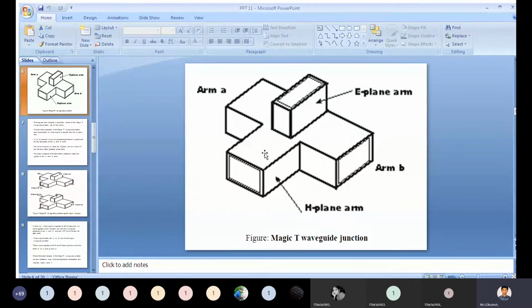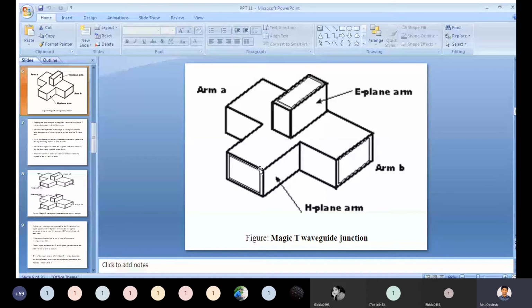The output comes from either the E plane arm port or the H plane arm port, but not at the other arm, which means we are not getting the output from arm A.